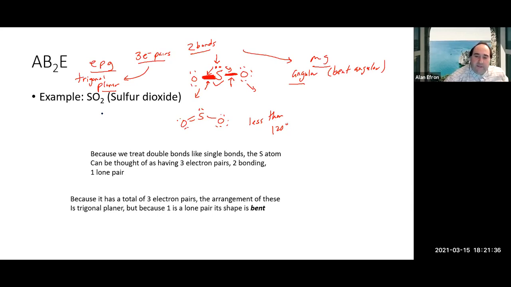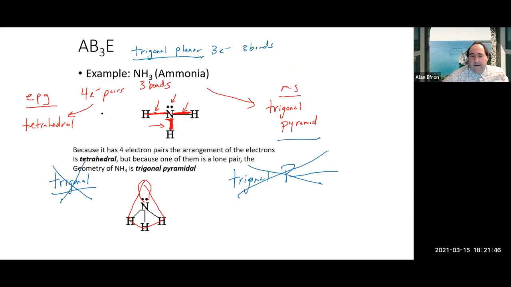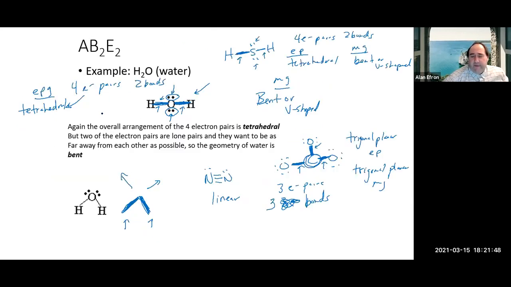But you really shouldn't just use V-shape for this one because it's really not V-shaped, because the bond angle is actually different for this guy here than for the one with water at the end. And to answer your direct question, if you had water and you wrote bent, it would be fine for the molecular geometry. If you wrote V-shaped, it would be fine for the molecular geometry as well. Other questions on that?